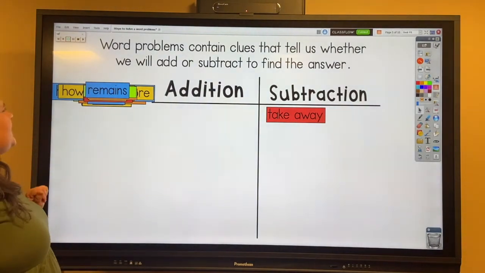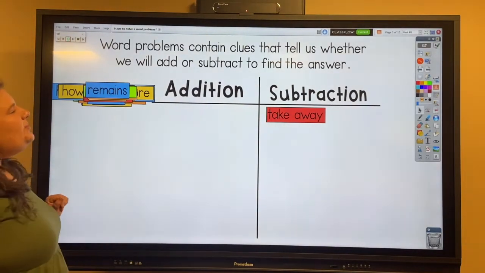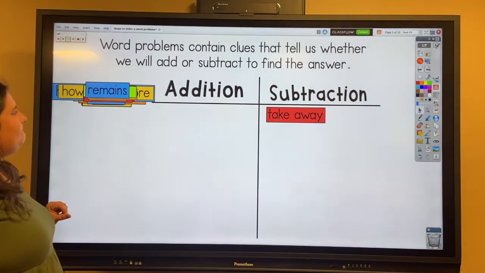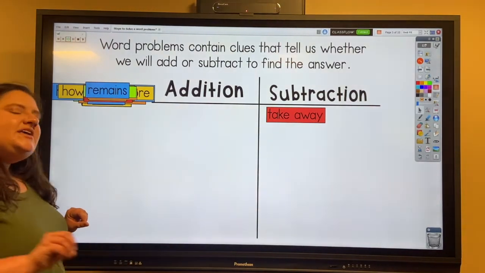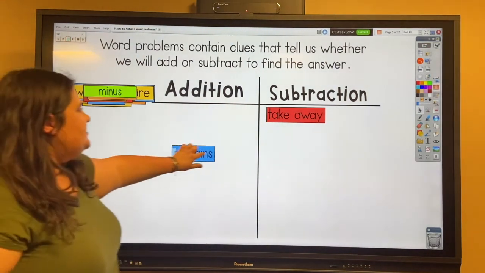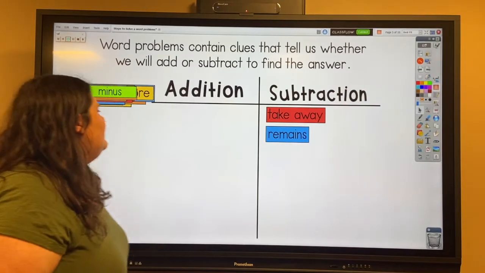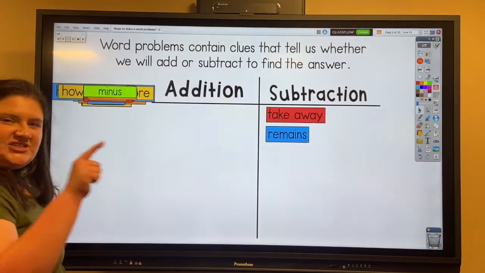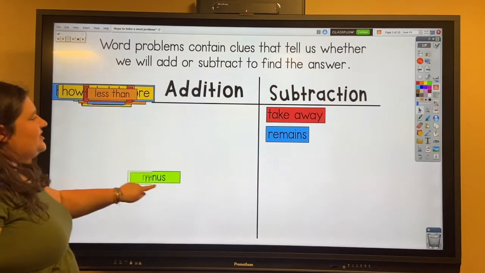Our next word is remains. What do you think remains would be, addition or subtraction? Well, if I'm taking away something and I want to know how much remains, that means I'm going to be subtracting. All right, minus. Well, I know the minus sign, which is that straight line, is used for subtracting.